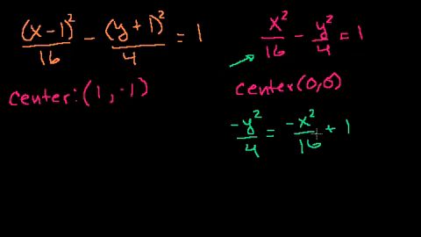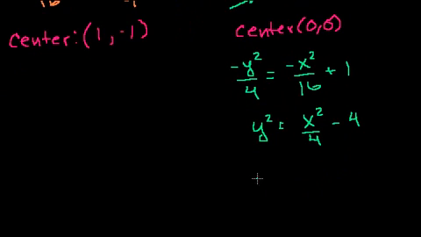Then multiply both sides by minus 4, and you get y squared is equal to x squared over 4 minus 4, since the minus cancels out and 4 over 16 is 1 over 4. And so y is equal to plus or minus the square root of x squared over 4 minus 4.